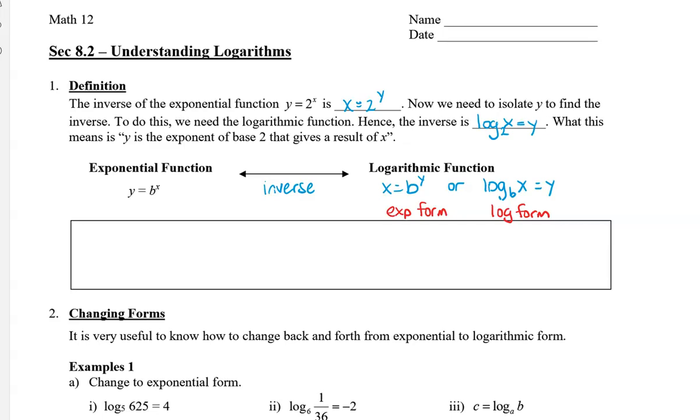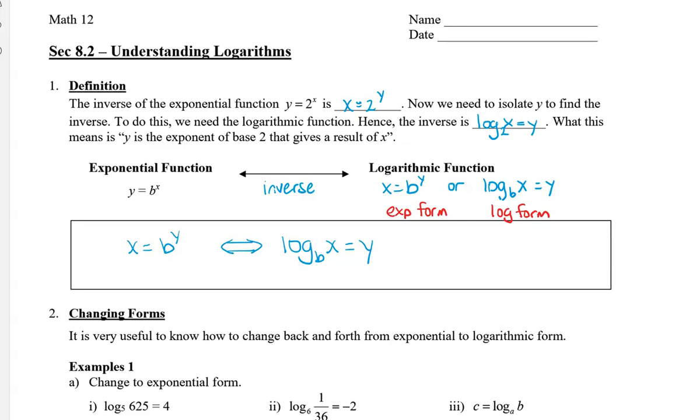All right, so I'm going to write this in the box. We have x equals b to the y is the same as log base b of x equals y. Notice the log, the x, and the y are written in the same size, and the little b is written a little bit smaller in between.